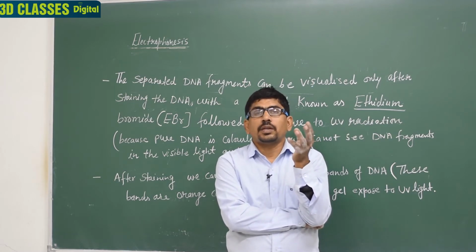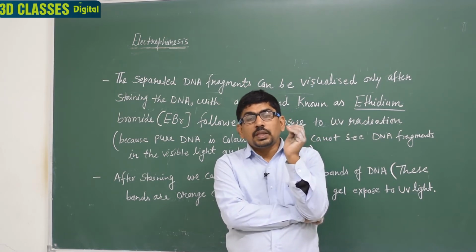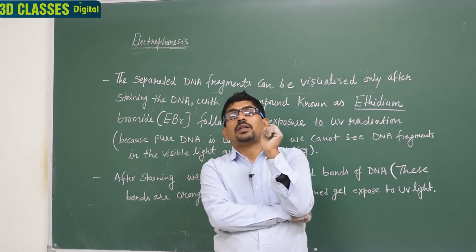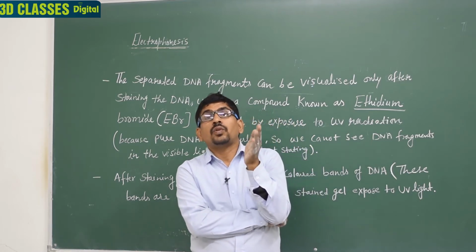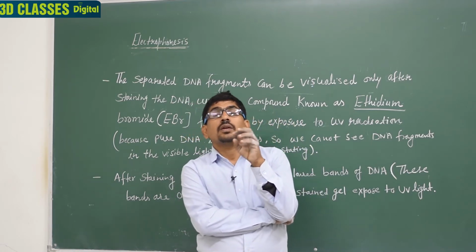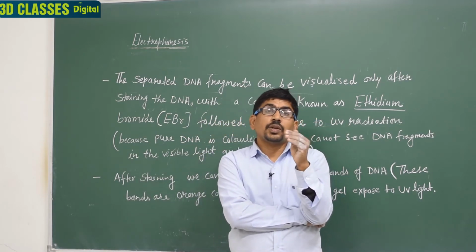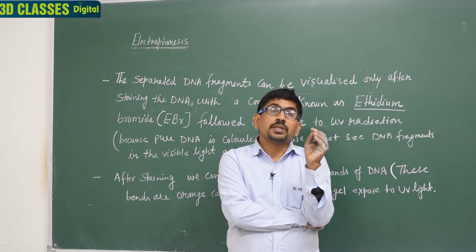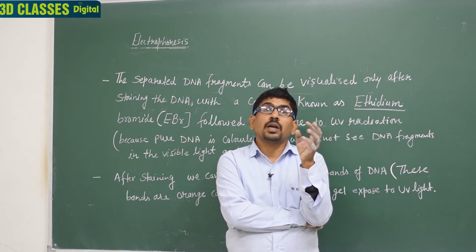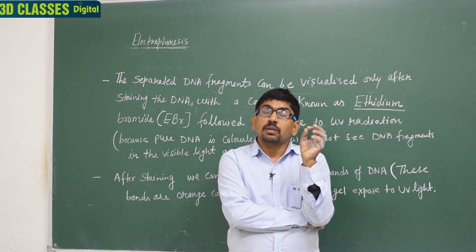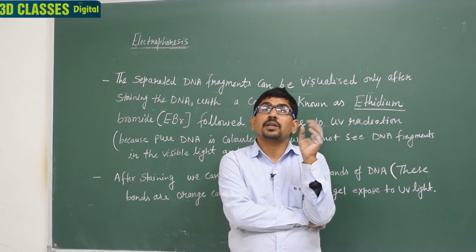in UV rays. So with the help of the EBR, ethidium bromide dye, and UV rays, ultraviolet rays, we identify the DNA segments, because in UV rays this dye shows a bright orange color, and due to this color, bright orange bands are present, and these bands represent the DNA.